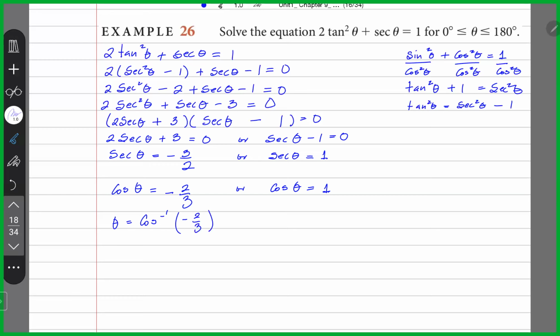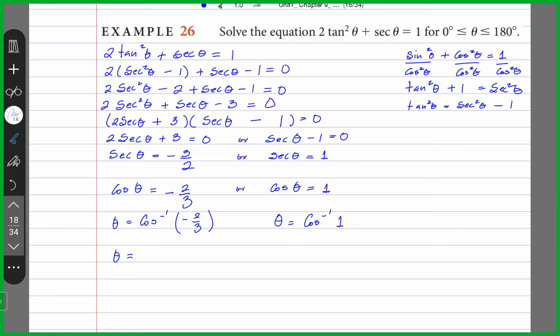Obviously, the answer here is going to be in the second quadrant because cosine is negative in the second and in the third quadrant. And theta here would be equal to cos inverse of 1. So our answers are theta. There are only two answers. There's an answer in the second quadrant and there's an answer in the first quadrant. And that is because the examiner only wants answers between 0 and 180 degrees.